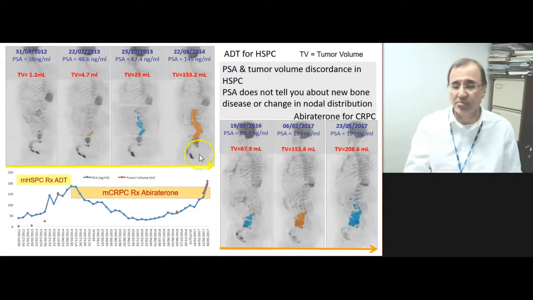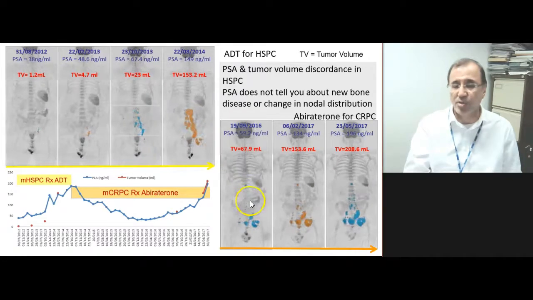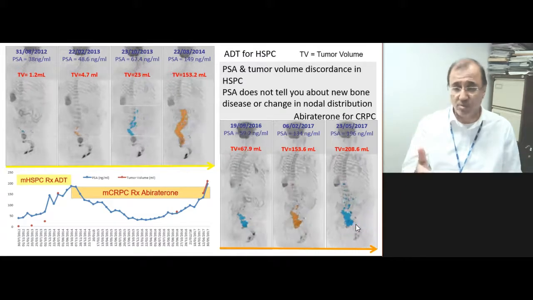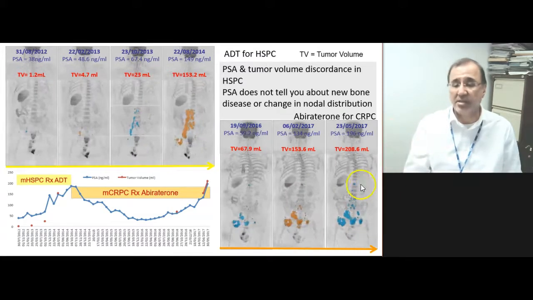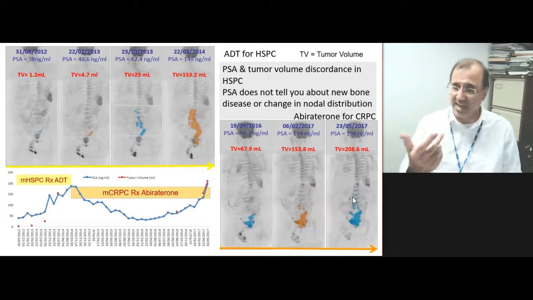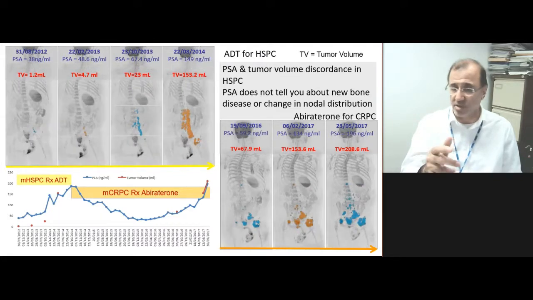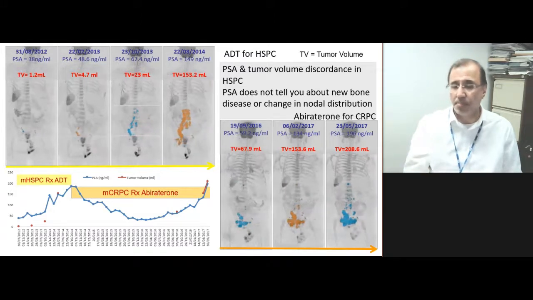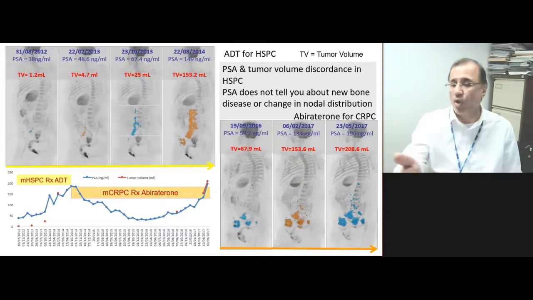So, for example, you can see that the retroperitoneal lymph nodes respond quite well, but in fact groin lymph nodes and pelvic sidewall lymph nodes don't. And he begins to develop bone metastases also. So this is classical discordance that is developing, and you can't tell that discordance is happening on the basis of a PSA test alone.